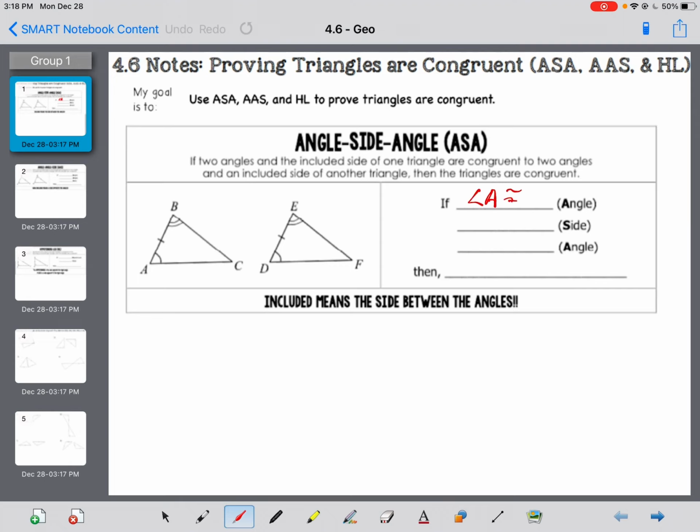So, if angle A, marked, is congruent to angle D, marked, and AB, marked, is congruent to DE, marked, and angle B, marked, is congruent to angle E, marked, then triangle ABC is congruent to triangle DEF.